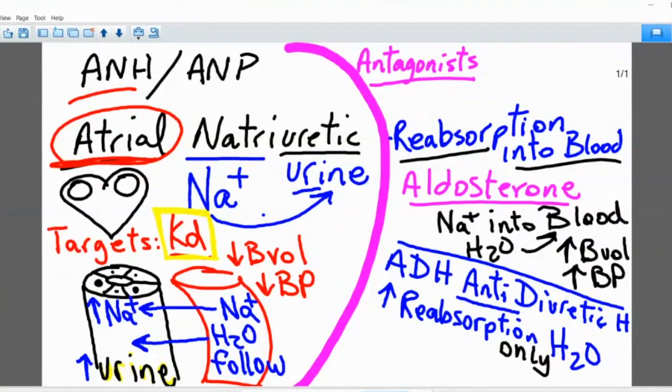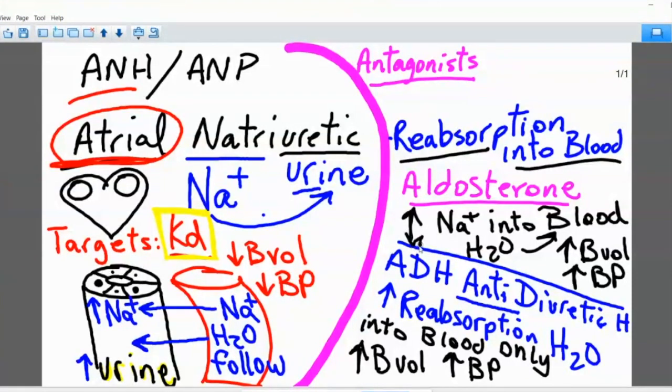So, when we move water into the blood, we have just increased the blood volume and increased the blood pressure. That's what ADH does. So, aldosterone and ADH work together. They both work together to raise the blood volume and raise the blood pressure. They just do it in a little different way.